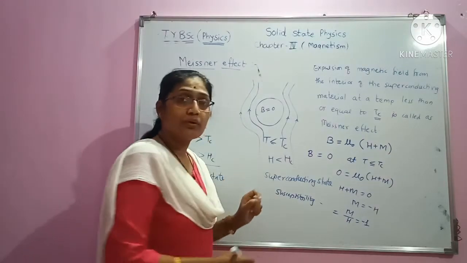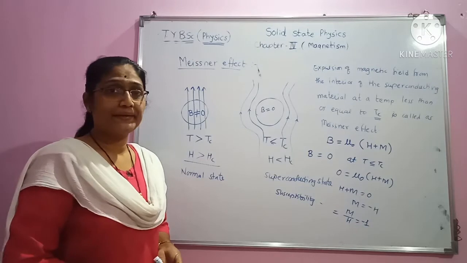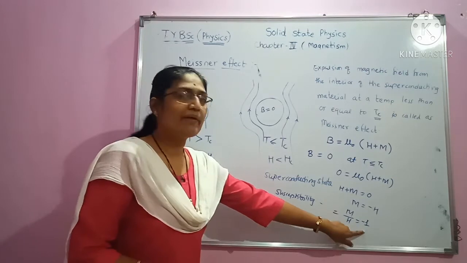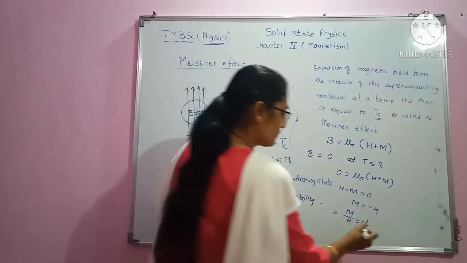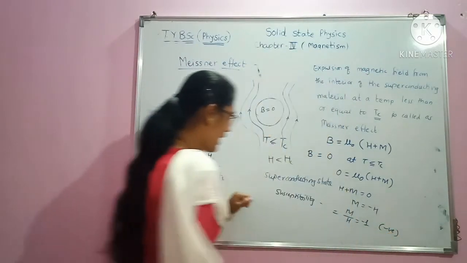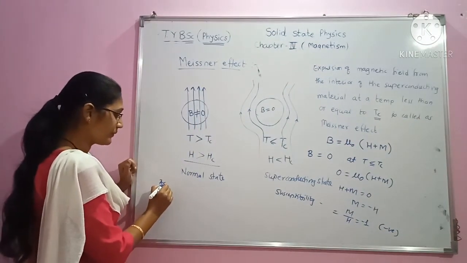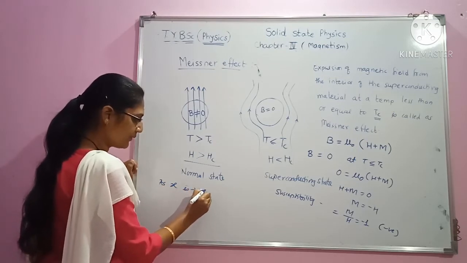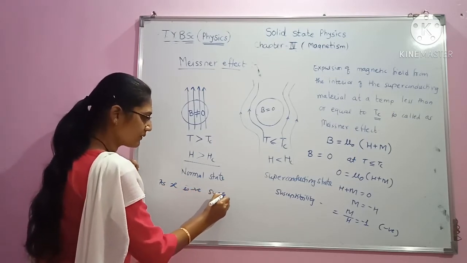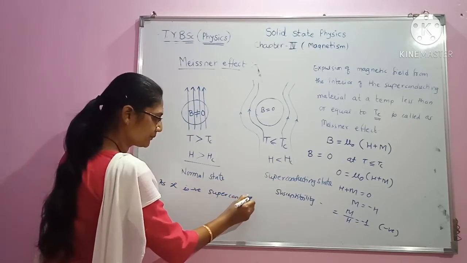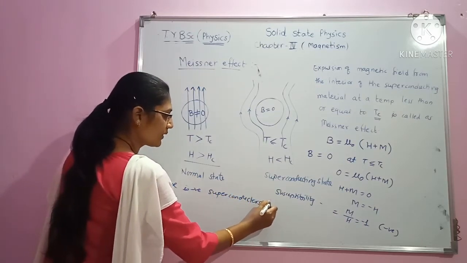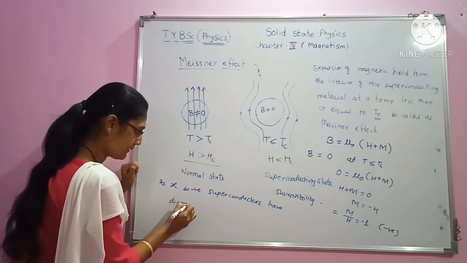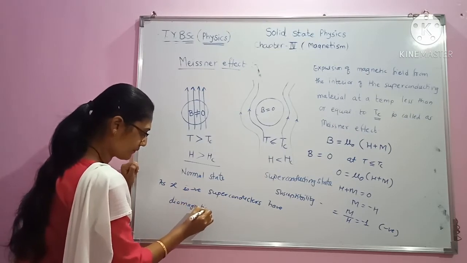It means that superconductors have diamagnetic nature because their susceptibility value is negative.